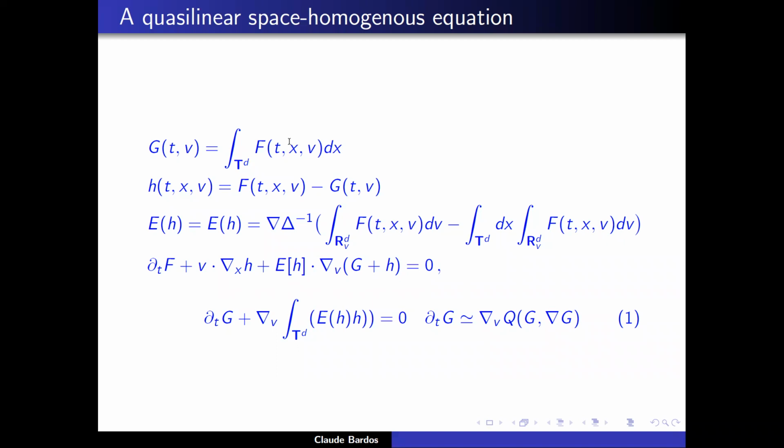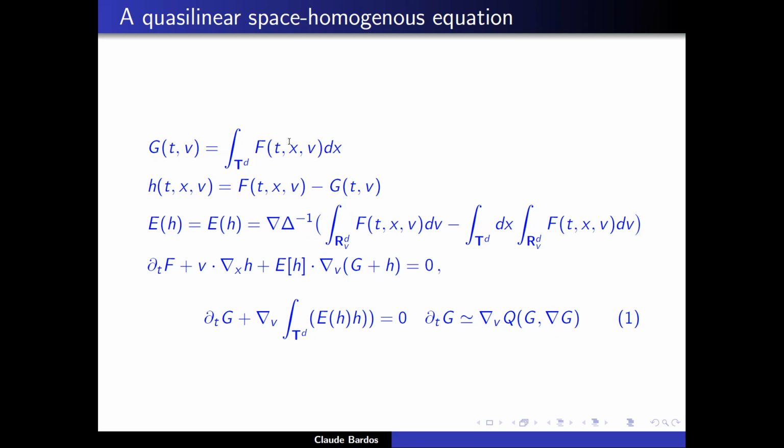And the thing I do is I integrate with respect to x to look at the general profile of the density of particles. So if I integrate with respect to x, the term v grad x disappears, and then the equation is equivalent to two equations.